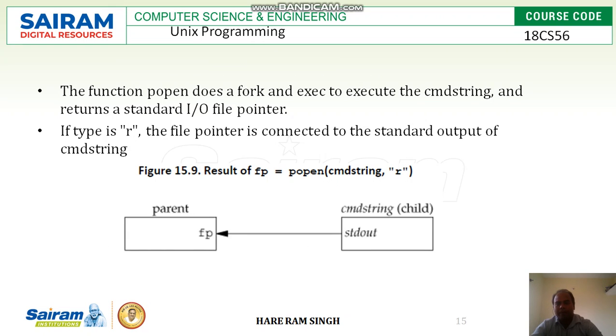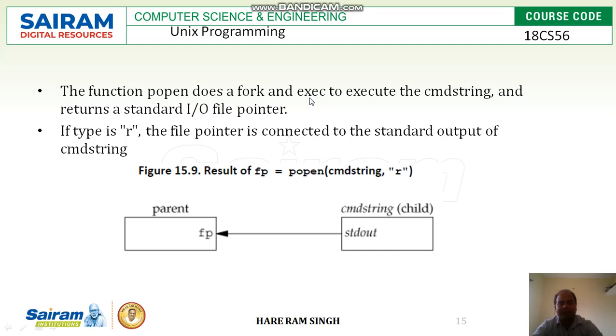Let us see how the function popen executes. First, popen does a fork. Fork creates a child process. So the parent process calls the popen function, and a child process is created.